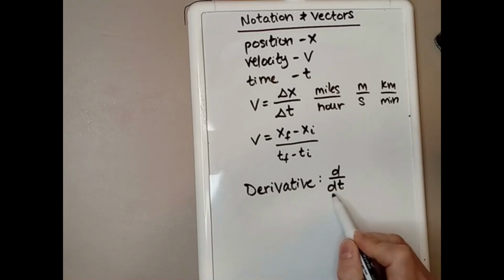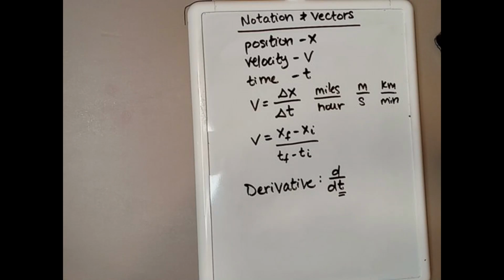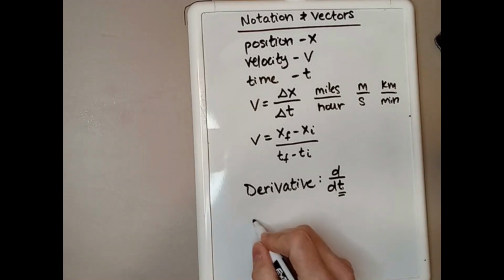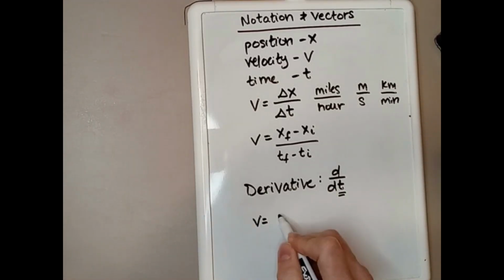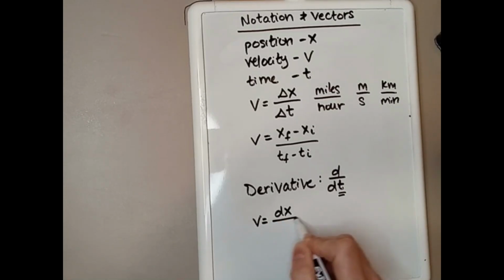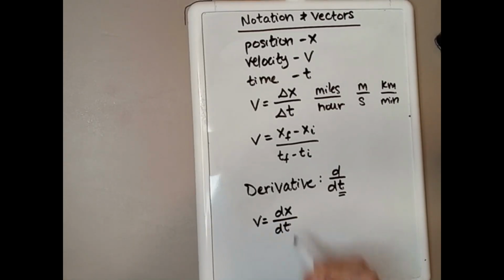So in the denominator we have dt. That t is the variable that we are going to be taking our derivative with respect to. So velocity can be written as a derivative of x divided by a derivative of t. And how we say that is a derivative of x with respect to t.